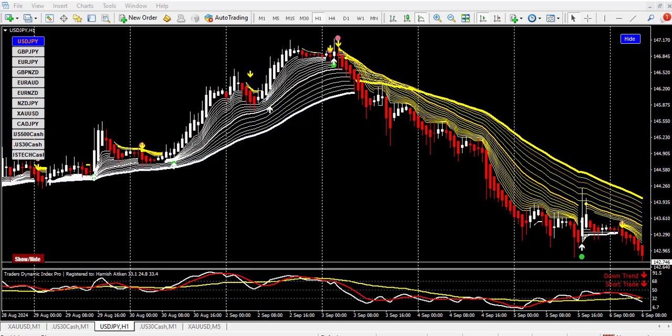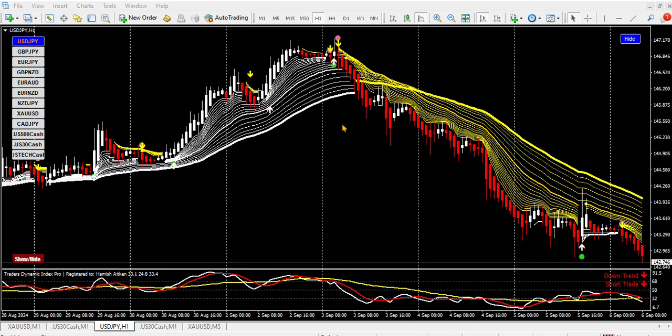Before you take any trade, make sure all the indicators are in agreement, because these moving averages, they have different values. But when you see all the moving averages in agreement, as we have it here at this particular point, then you can take your trade. And make sure TDI is in agreement also before you take your trade.